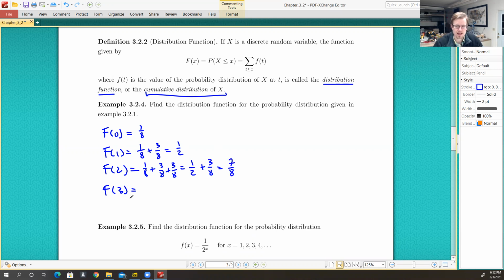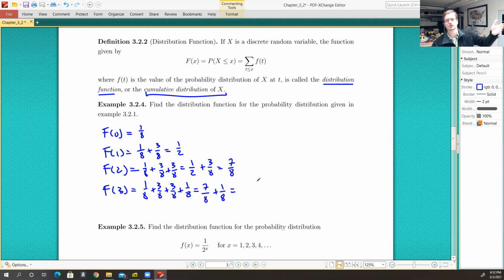F of 3 then is the probability of having any one of 0, 1, 2, or 3 girls. So of course that's 1/8 plus 3/8 plus 3/8 plus 1/8. It's worth pointing out that this can be written as F of 2, which was 7/8, plus the probability of having 3 girls.